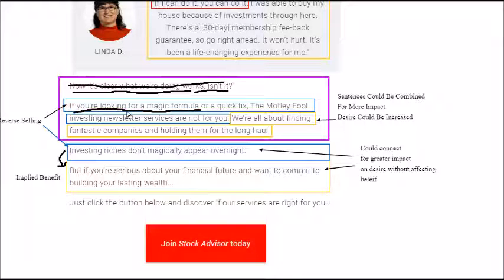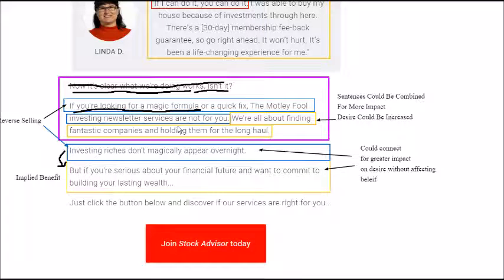But instead of saying, if you're looking for a magic formula or a quick fix, the Motley Fool investing newsletter services are not for you, if you say, now, even though what we do clearly works, it's still not a magic formula, those don't exist, you tie in that, okay, so what we're doing works, it's not a magic formula because they don't exist, so don't go looking for those, right?